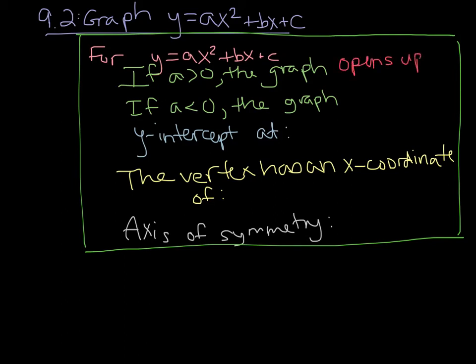And what I mean by that is that your parabola is going to look like a U. If your coefficient of your x squared is negative, if it's less than 0, it's going to open down. In that case, it'll look more like an N. It's kind of an upside down U.